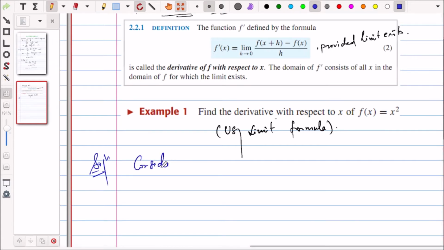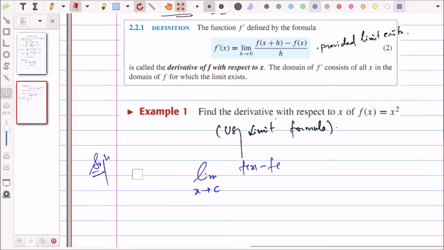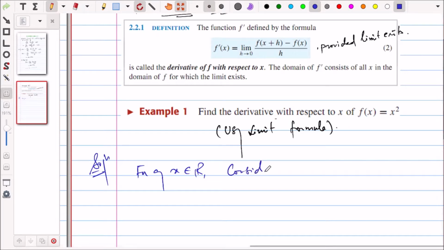Pick any arbitrary real number, for any x belonging to R. Consider, so we will find this limit.